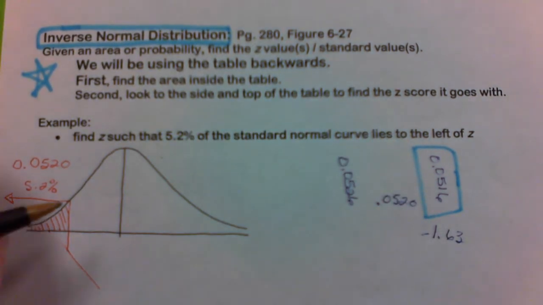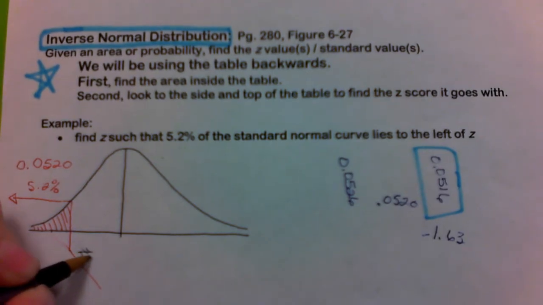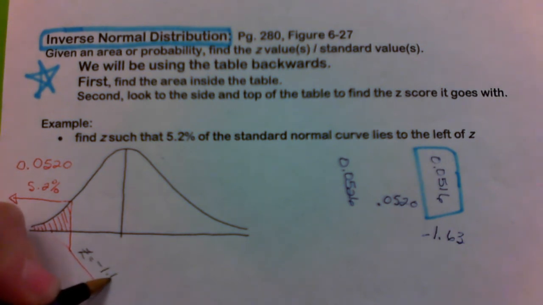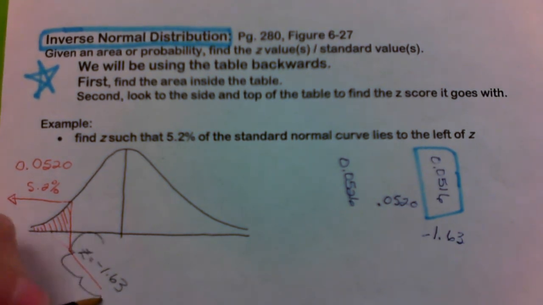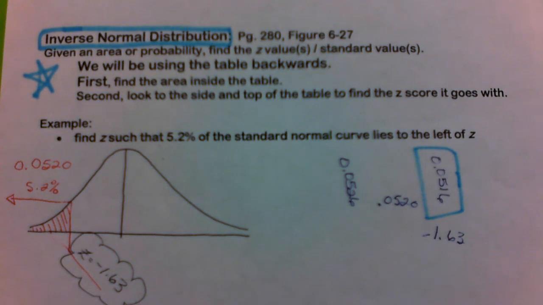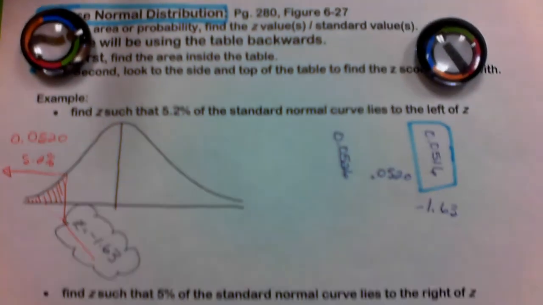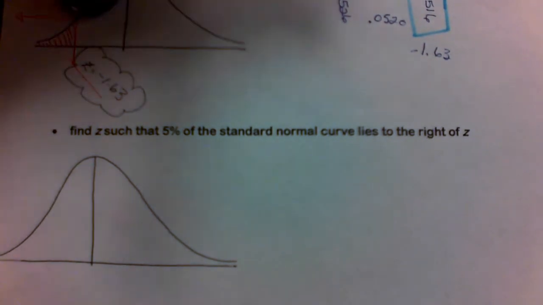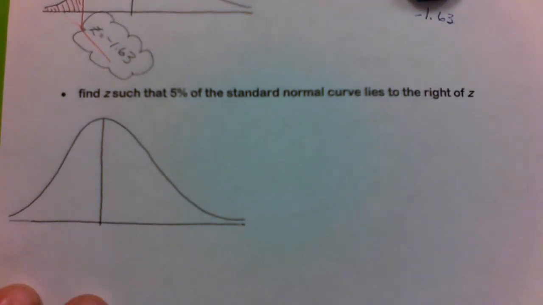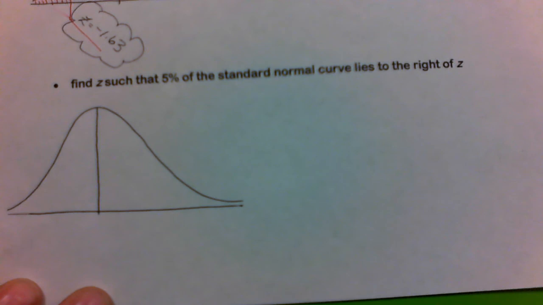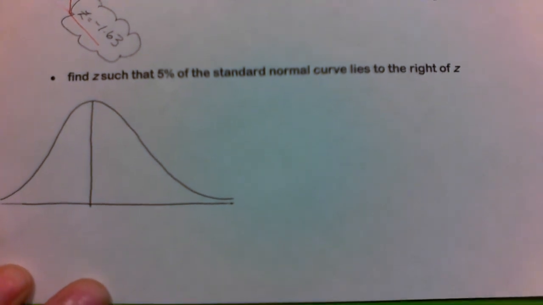So the Z value that I'm looking for is negative 1.63. And this is what it asked me to find. It said find the Z. Now, students typically have a little bit more difficulty doing the table in inverse. So we're going to do a few more problems because there's some different scenarios that can occur.